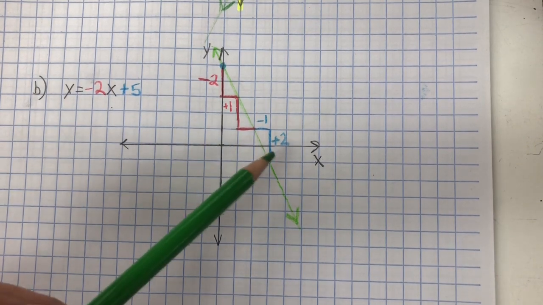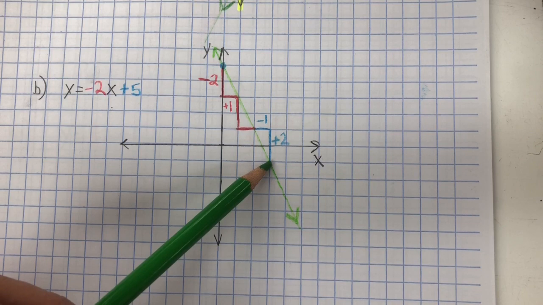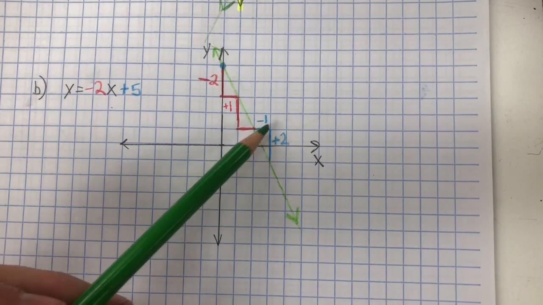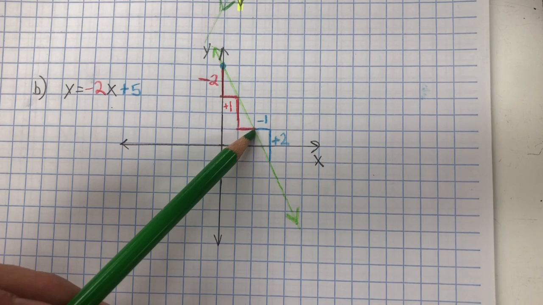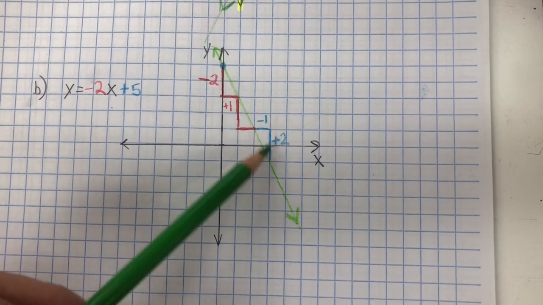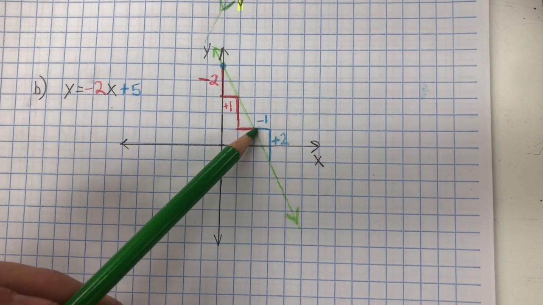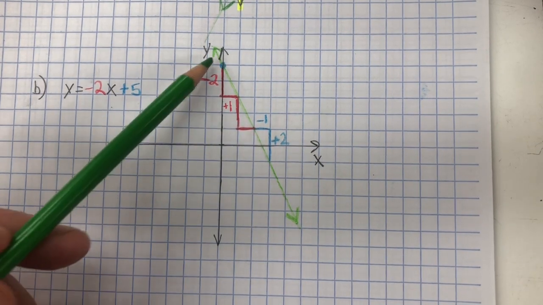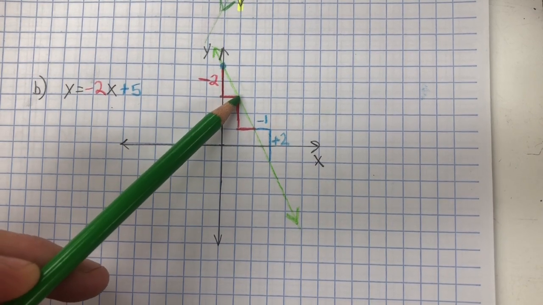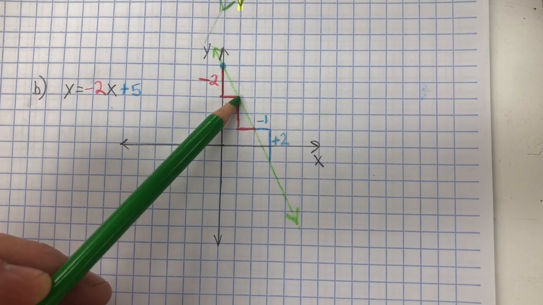The other way -2 can be written as +2 on the y and -1 on the x. Either way, you get a -2. +2 divided by -1 is -2, and -2 divided by +1 is -2.